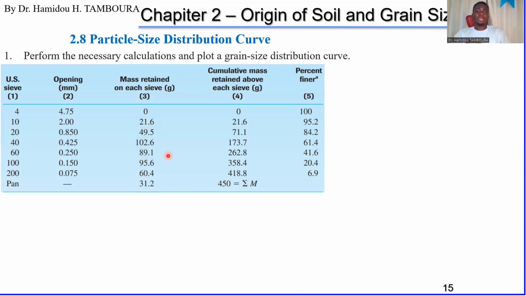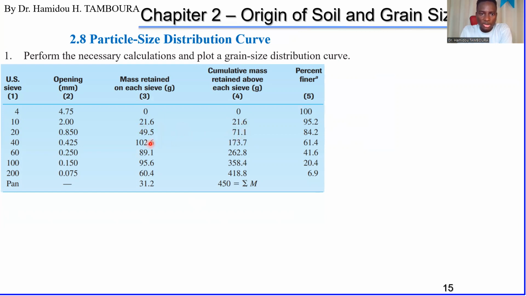So now we can calculate cumulative mass retained above each sieve. That is simple. If you are here, for example, it's 0, of course. And if you are here, you do this one plus this to obtain this. And this one plus this to obtain this.